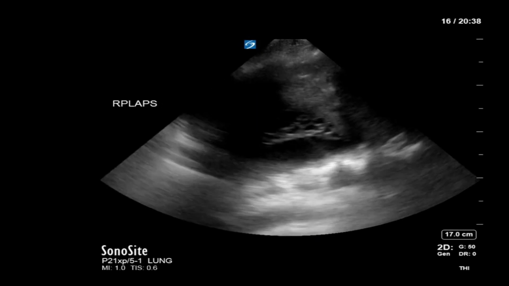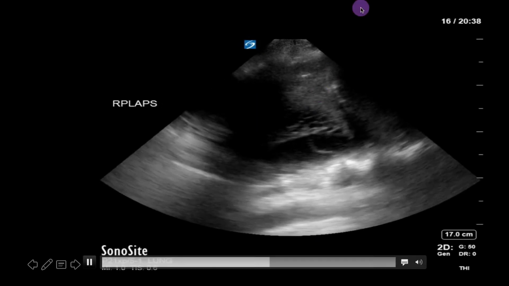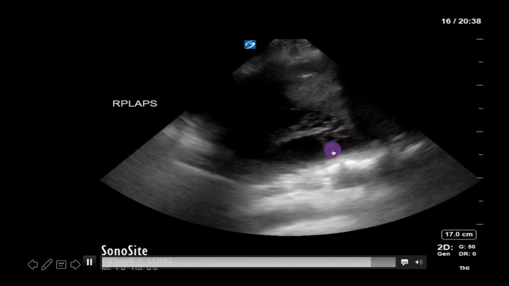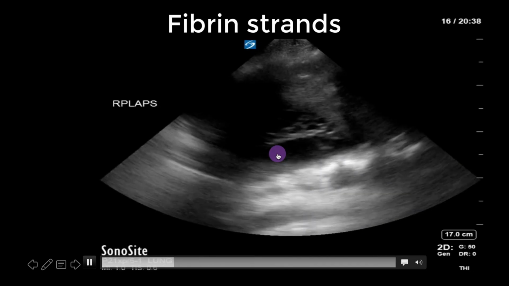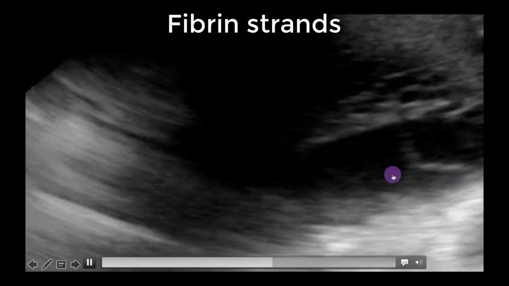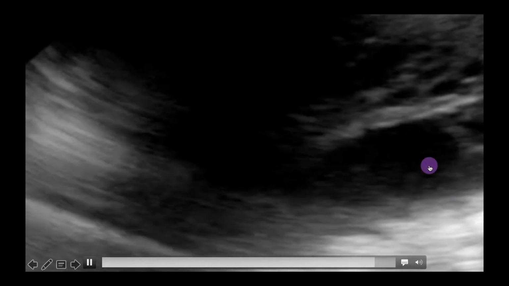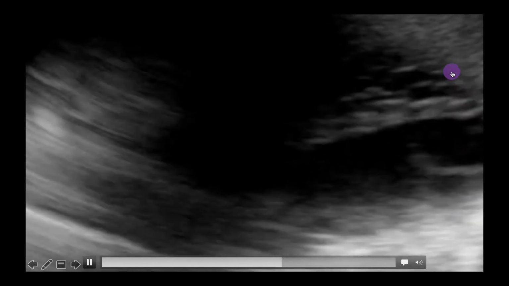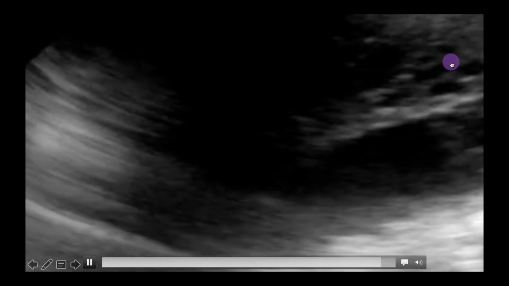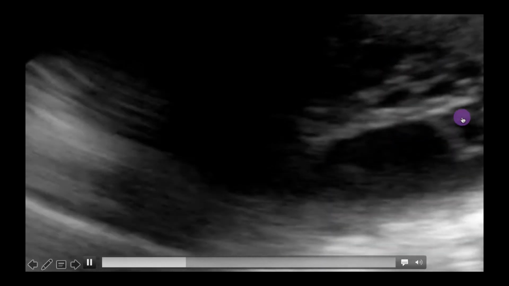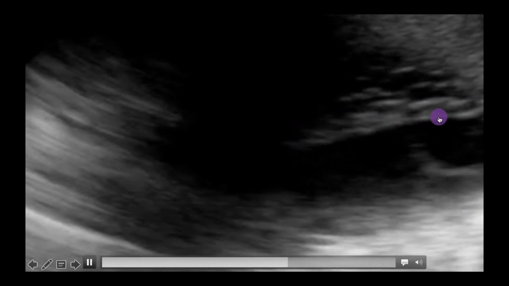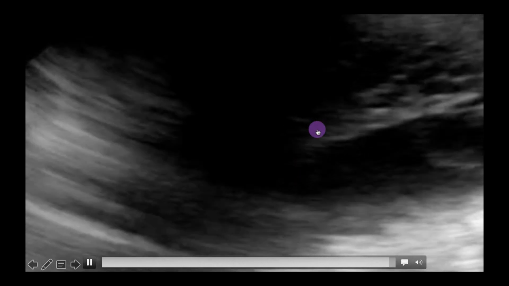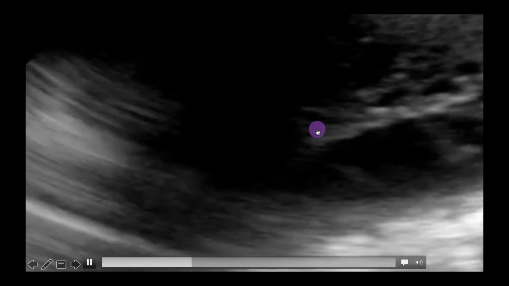Other times, it will be possible to see thicker fibrin strands in the effusion. Again, this suggests a complex or exudative effusion, more often an empyema, and is likely to warrant drainage. We can also appreciate here that sometimes with necrotizing pneumonias, the border between the lung and the effusion can be difficult to determine.